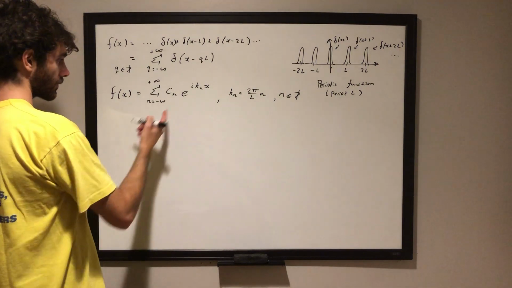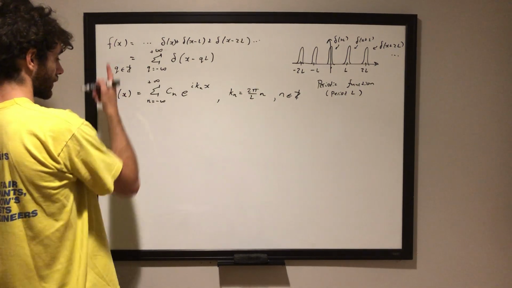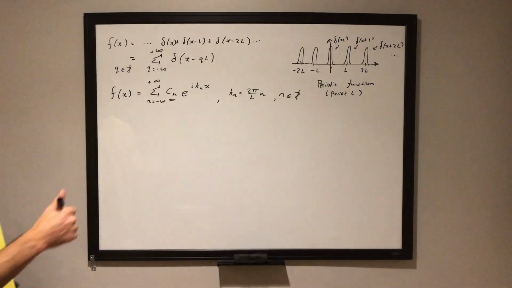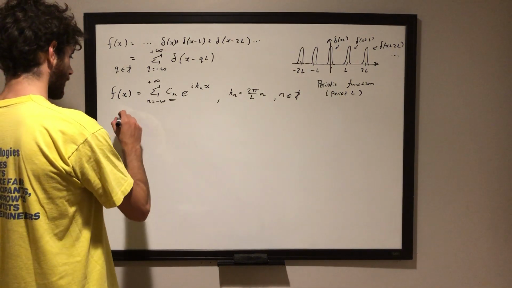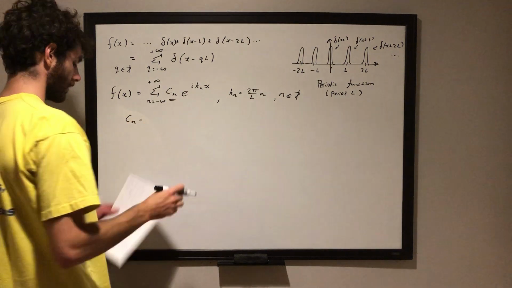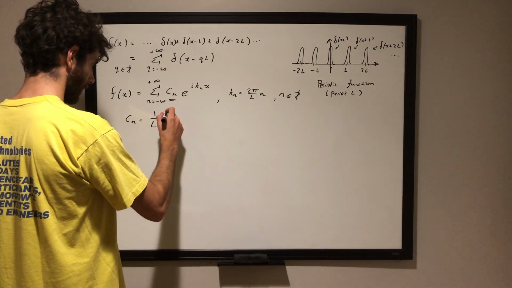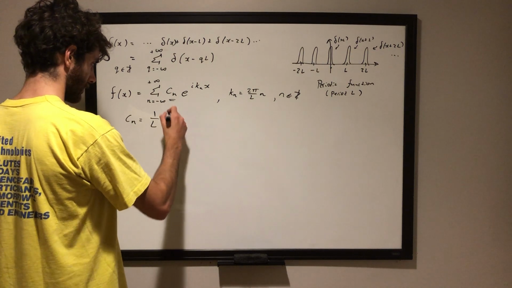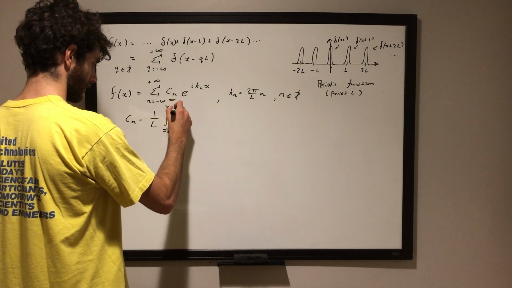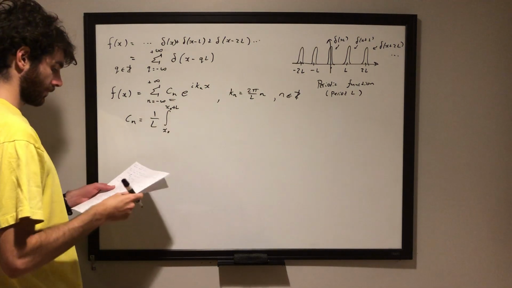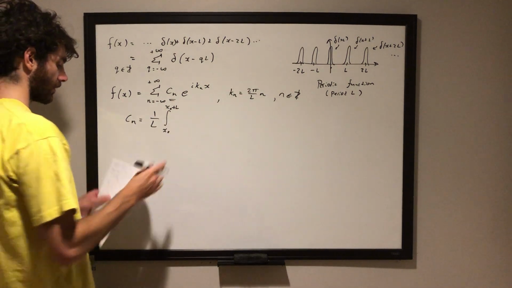And so if we want to write this function as a Fourier series, our task is to determine these coefficients C sub n. And we have a formula for that. The coefficients are given by 1 over L, integral over 1 period L. We can start anywhere we like.